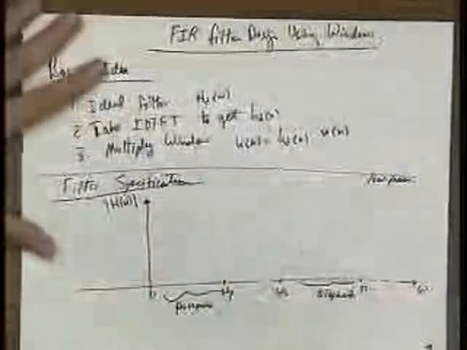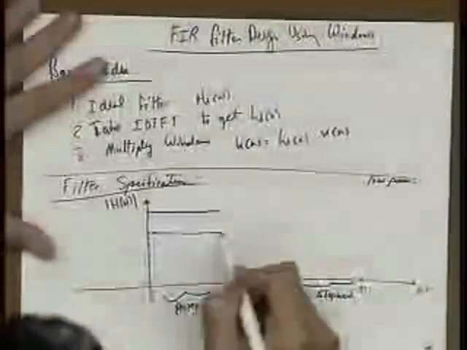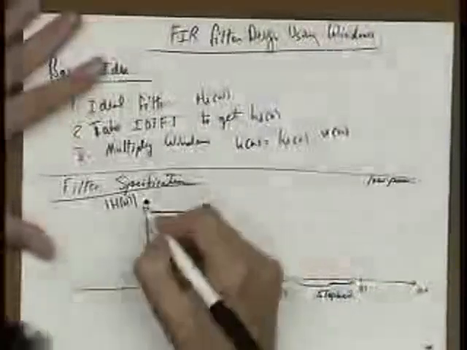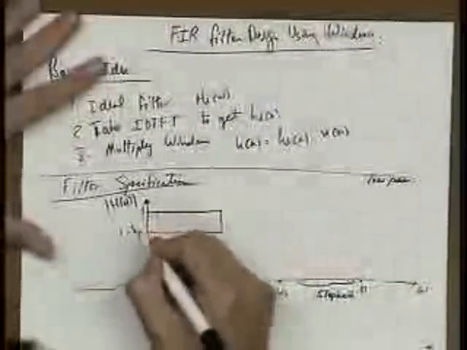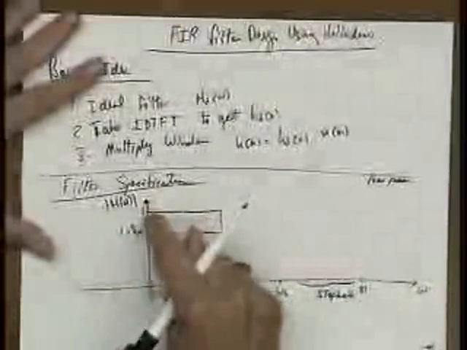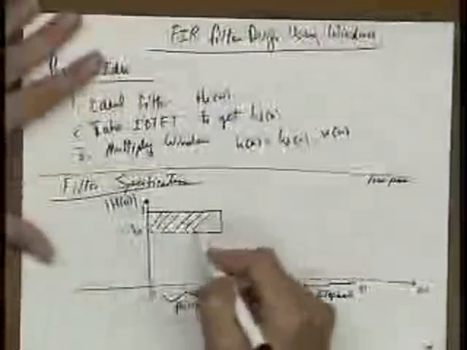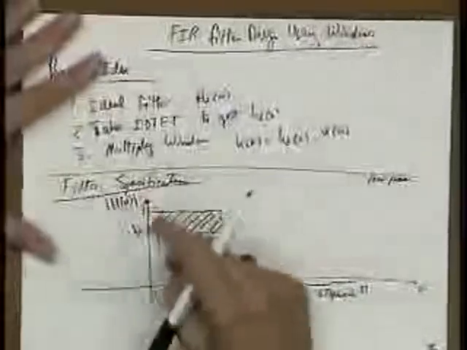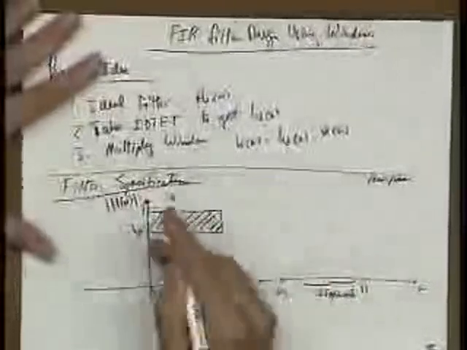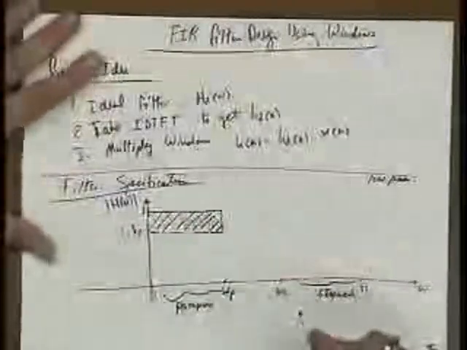You get ripples and variations. So you specify a band around 1. You say, look, the magnitude can be anywhere between 1 minus delta p and 1 plus delta p. But let's just talk about magnitude. When I paint it like this, I'm just trying to say that the magnitude of H of omega can take on any value in this range, as long as it doesn't exceed this box, then we're okay.